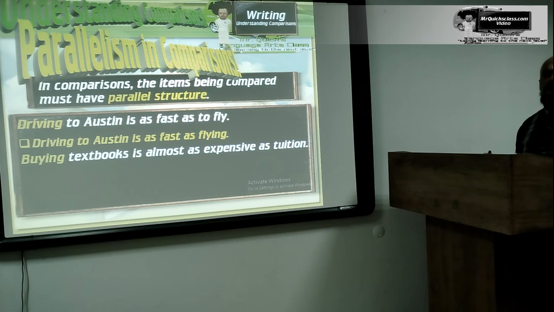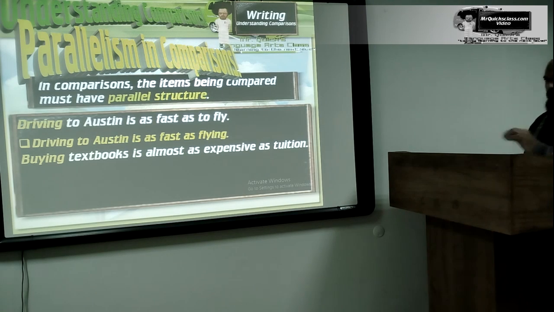What's being compared? That's the question. The price of the textbooks and tuition.